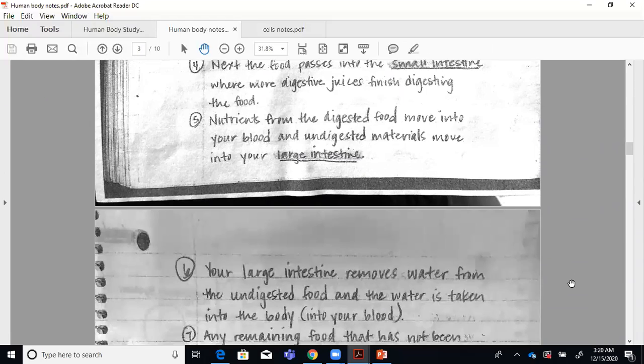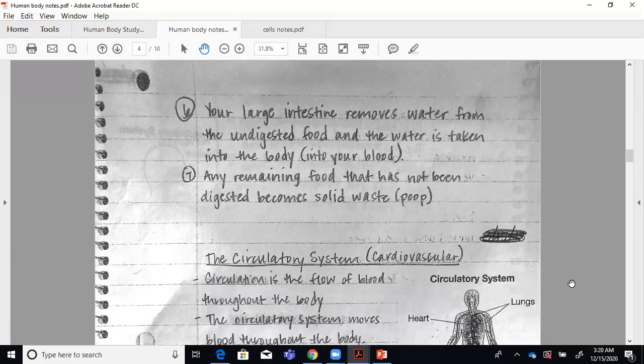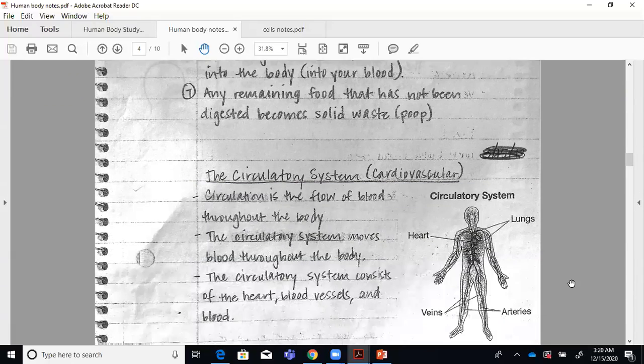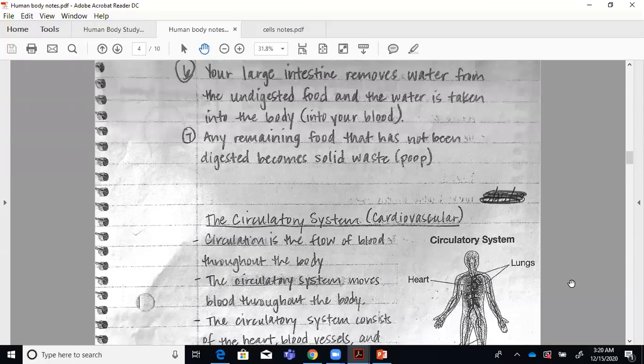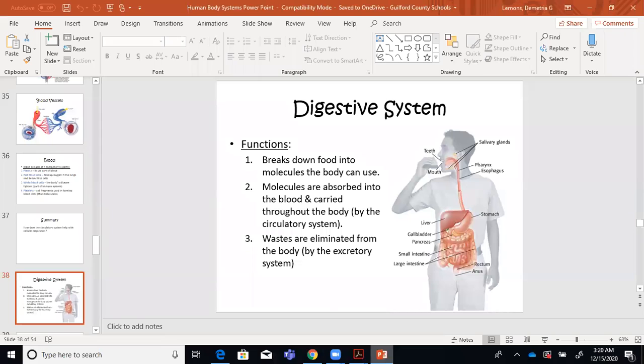Then it's going to go into the large intestine, and your large intestine is going to squeeze all the water out of that food, and then what comes out is going to come out through what they call your rectum or your anus, and that is where you're going to poop. I know that sounds really funny, like, oh my gosh, you're talking about poop, but it is a part of the human body. And so we want to use our maturity level to talk about the digestive system.